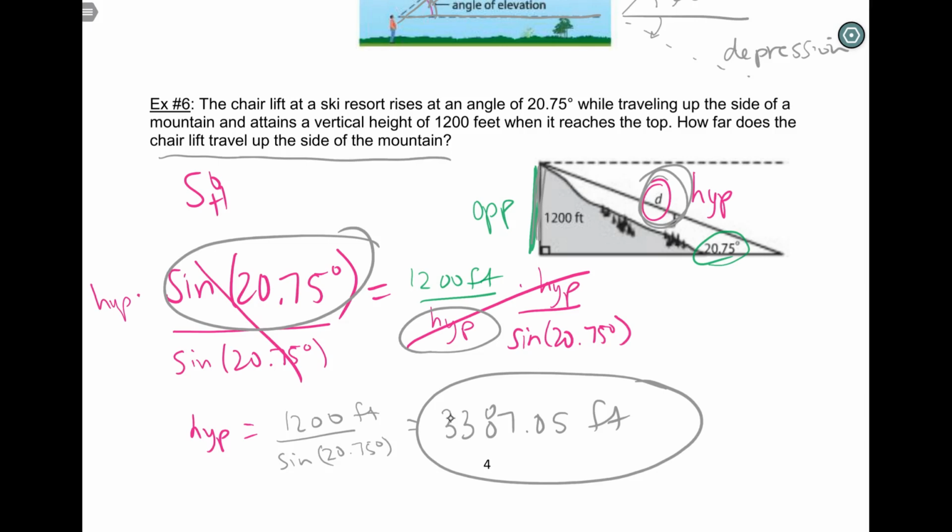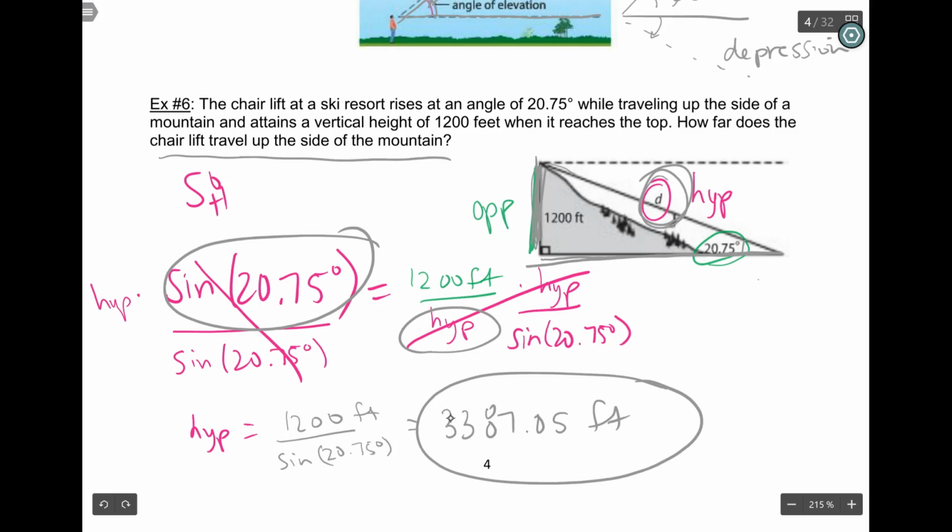Here we have 3,387.05, so as a reality check, this angle's pretty low, so that means that this 1,200 is going to be really small compared to the hypotenuse.